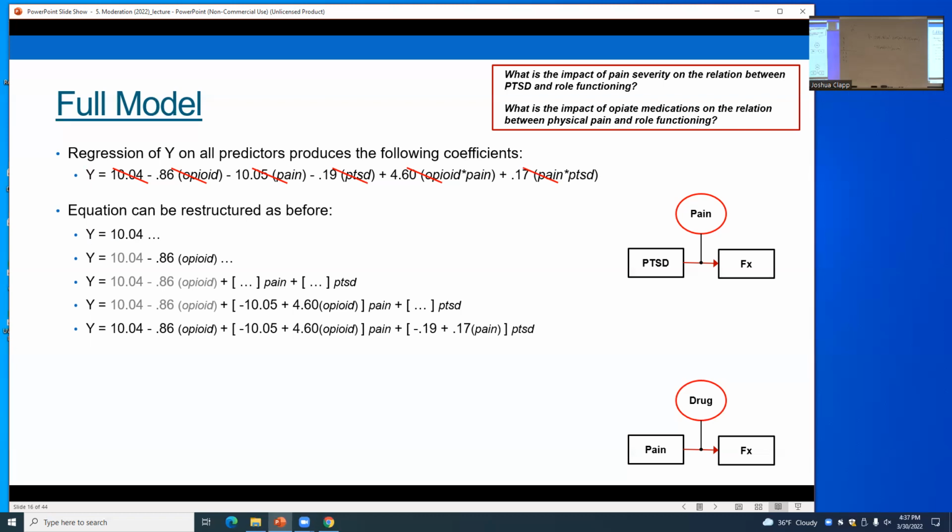These are all excellent questions that we're going to get into, because the traditional way is to pick a high level of your moderator and a low level of your moderator, which generally corresponds to a standard deviation above and below. But that's completely arbitrary. It's conventional. As you go to higher and higher levels of your moderator, your graphs will get more extreme. I don't know what the relation between X and Y is at 5 standard deviations above and below.